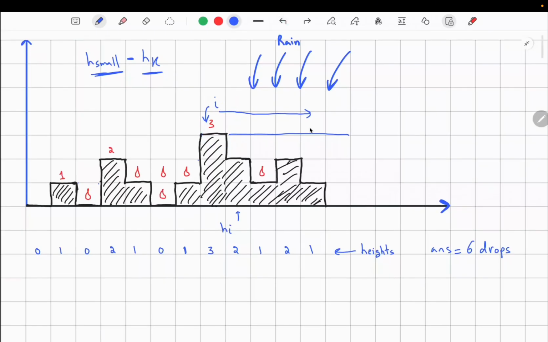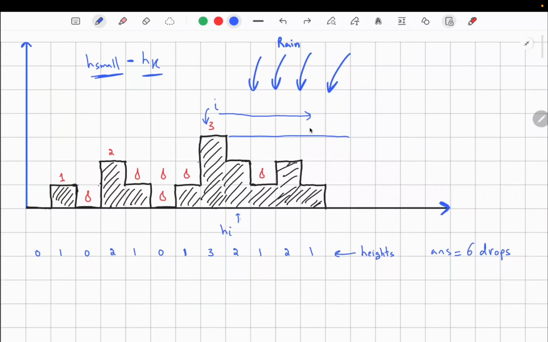So h small is equal to hi, and the amount of water that we can trap at this index is hi minus the height at the current index, which is 2, so 3 minus 2, equal to 1 drop.